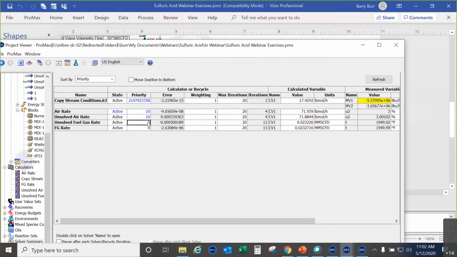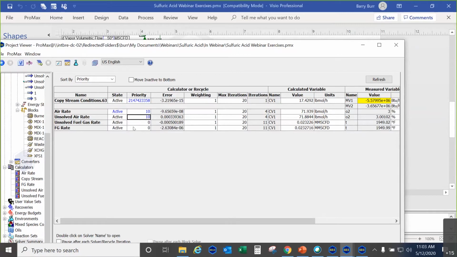And you can have several nestings of loops, and how inner or outer those loops are is determined by their priority number. You can have several solvers at the same priority number, or you can have them different. They don't have to be contiguous. You don't have to say 0, 1, 2, 3. You can go 0, 10, 100, 1,000, whatever it is, as long as they're greater than 0, and you can tell which number is higher than the other.